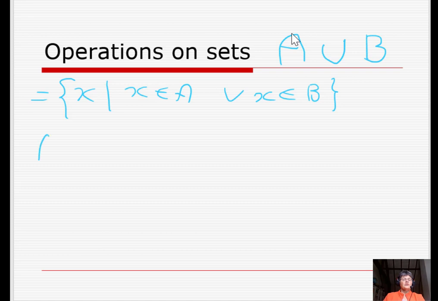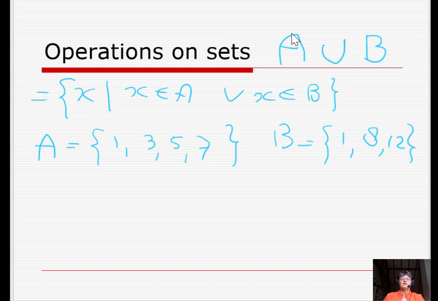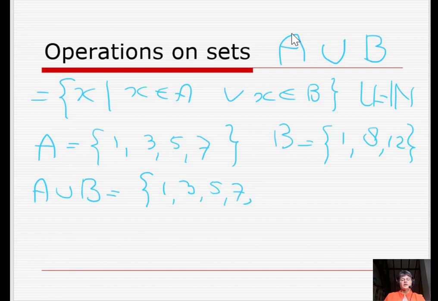For instance, if I make a set A containing 1, 3, 5, 7, and a set B containing 1, 8, 12, and let's say the universe is the natural numbers again, then the union of the two sets would be 1, 3, 5, 7, and then filled up with all elements of set B, so 1, 8, 12.